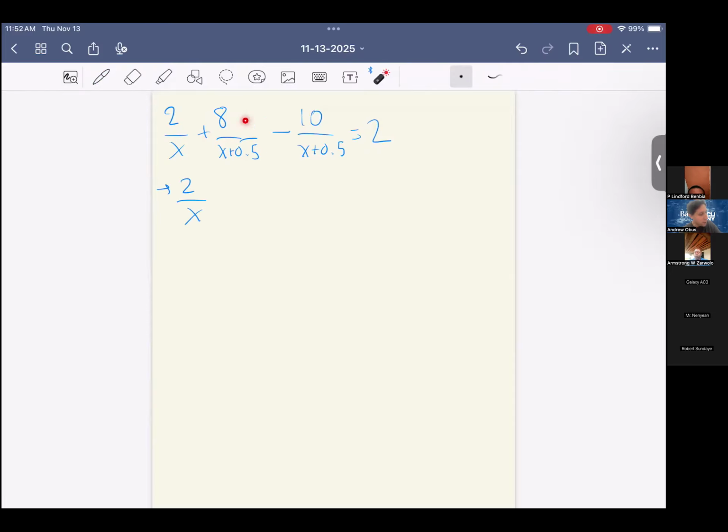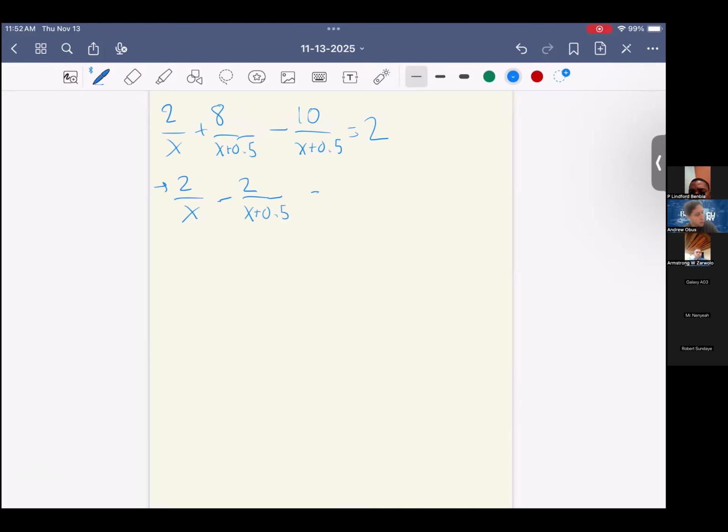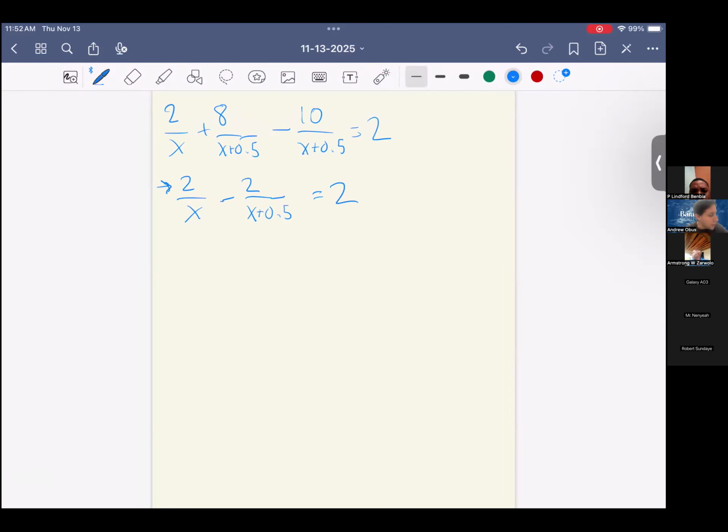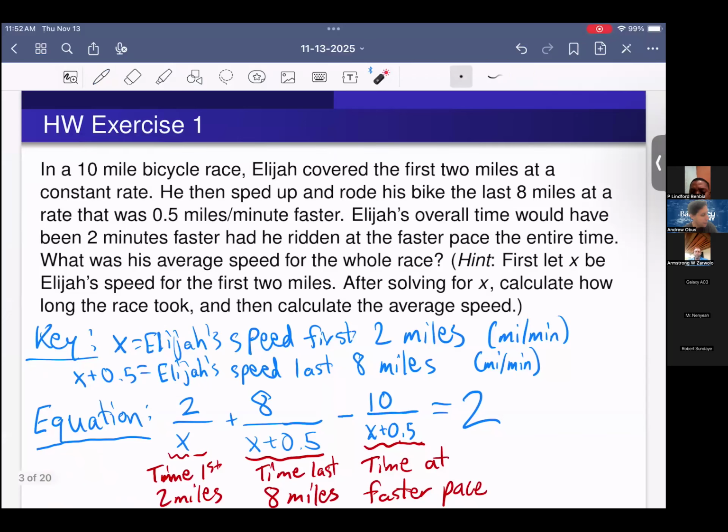The 8 over x plus 0.5 minus 10 over x plus 0.5 is minus 2 over x plus 0.5 equals 2. And if we want to, we can simplify these twos into ones, but it might actually not be easiest to do this. So please elaborate on how we got this, right?